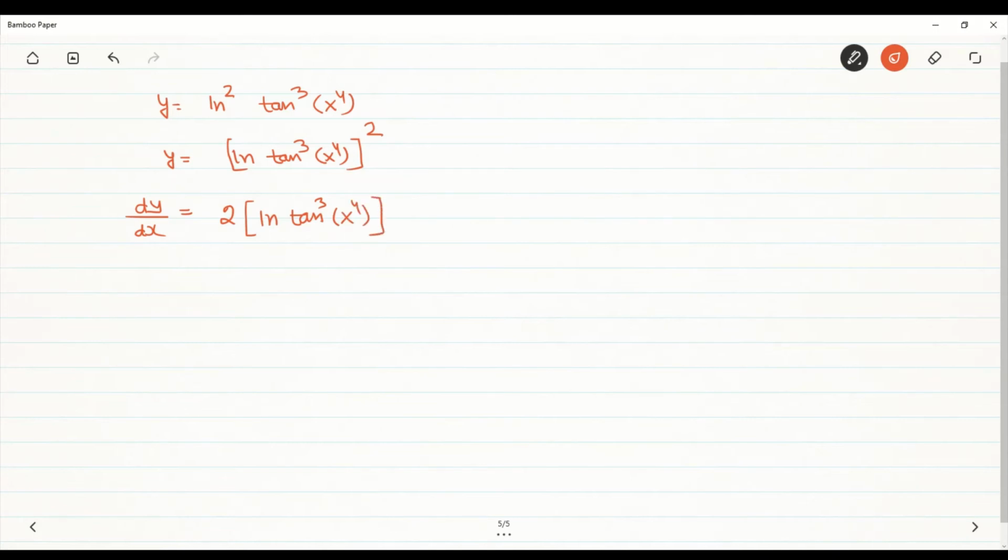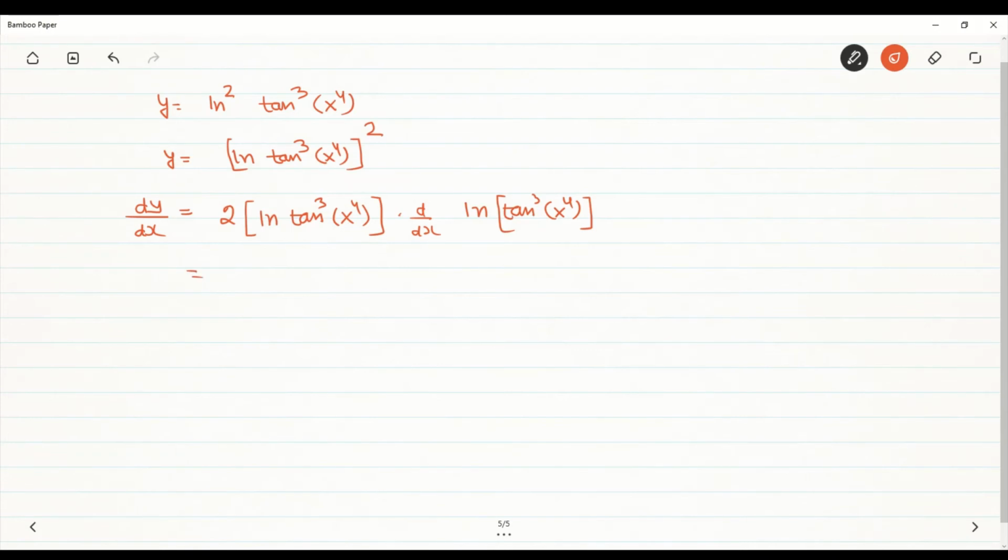That's the derivative of the most outer part, and after that I will take the derivative of the inner part now left, which is ln of tan cube x4. In a way, this is the next innermost layer, so I have ln and this much.